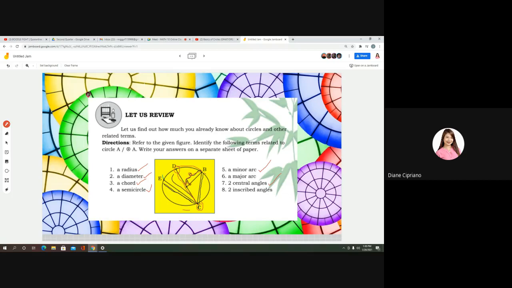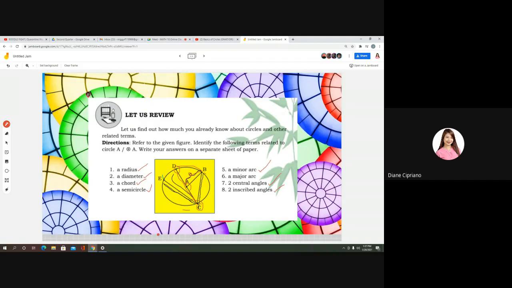So we have here angle ABAD, angle AB, and angle DAC. And for the inscribed angle, it is the angle that touches the edge of the circle, such as angle ECD and angle BCD.